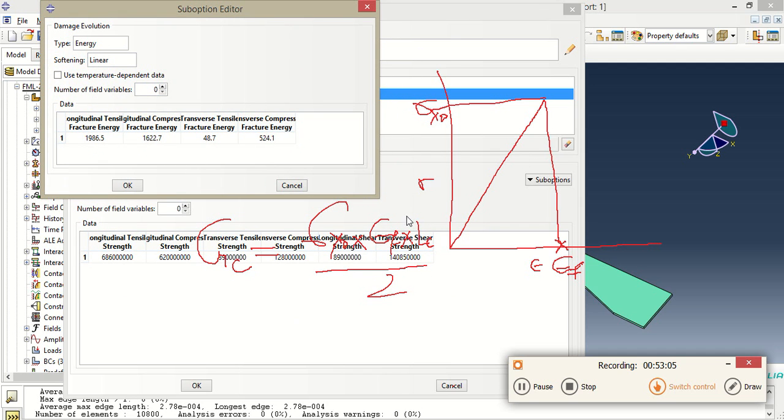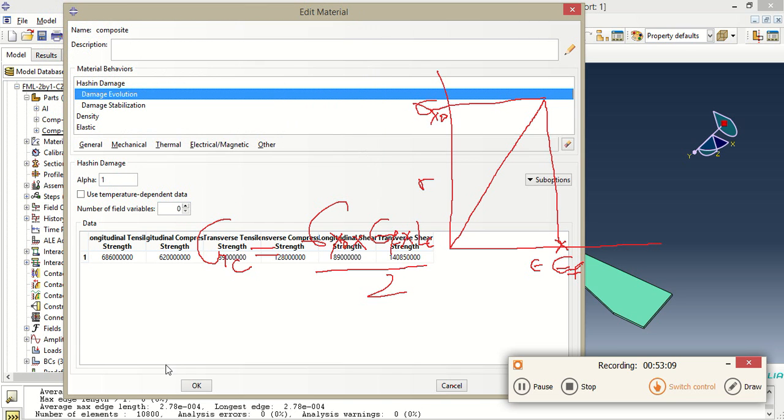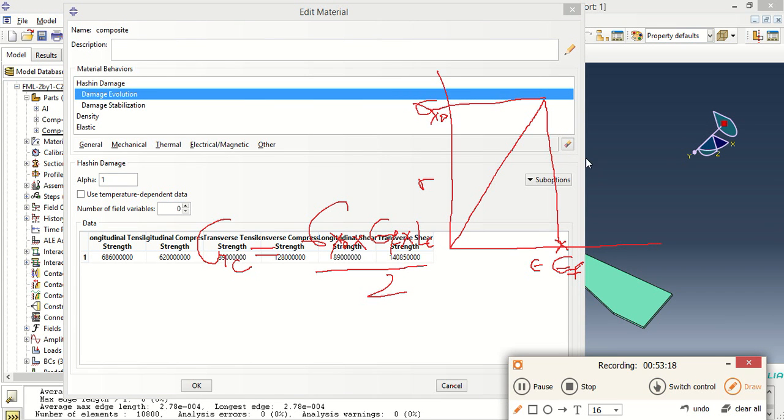You can obtain the load displacement curve through these formulas and add these energies here. These energies will tell you how this damage evaluation took place.